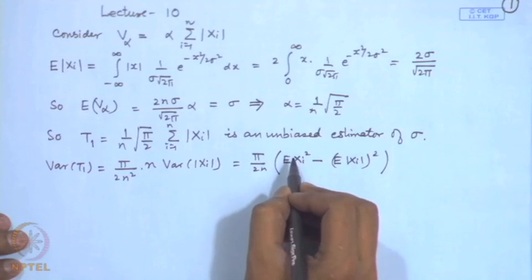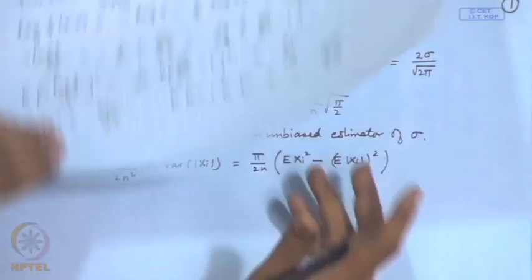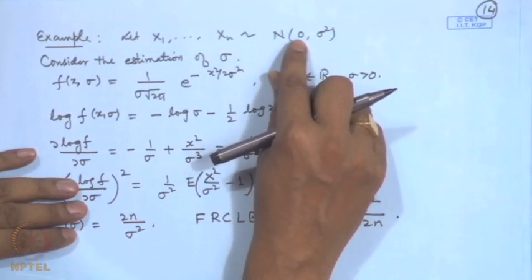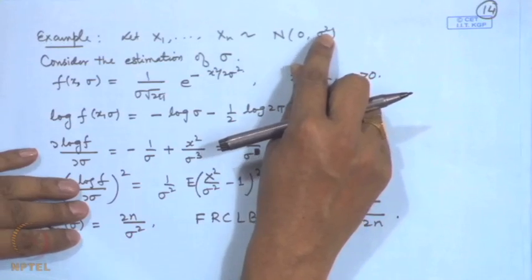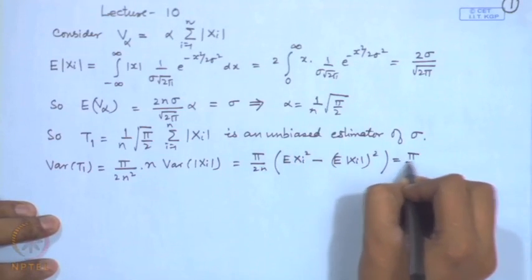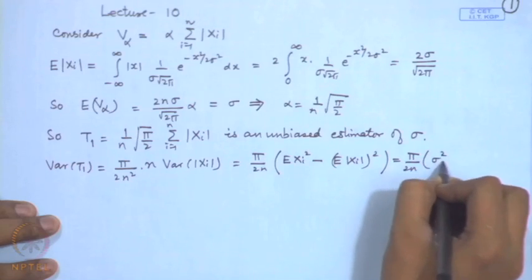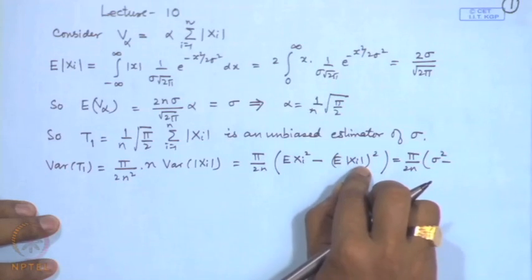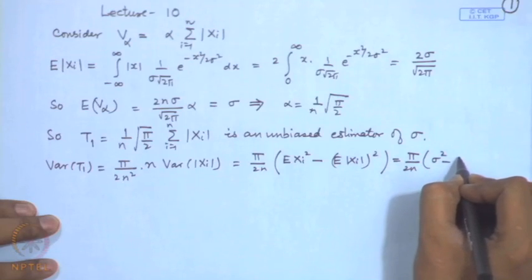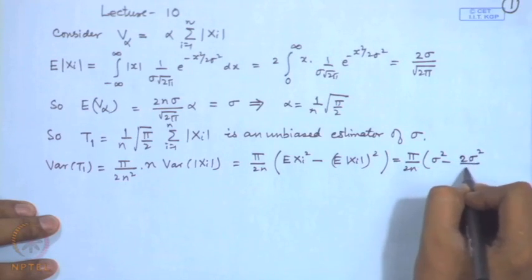Since we have considered here the normal 0, sigma square, the expectation of x i square is nothing but the variance, that is sigma square. And the expectation of modulus x i we have just now calculated. So, if we substitute the square of that, I get 2 sigma square by pi.